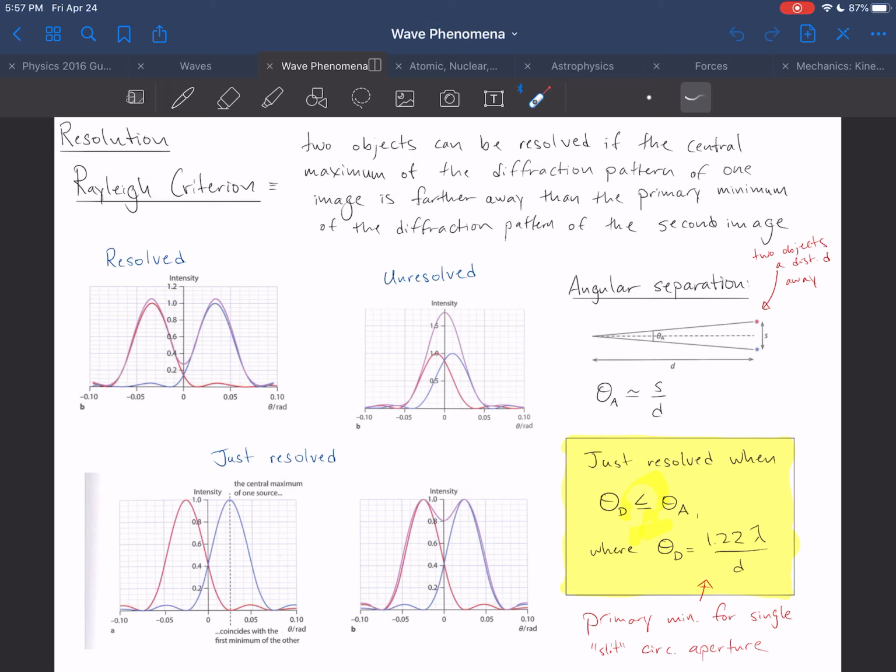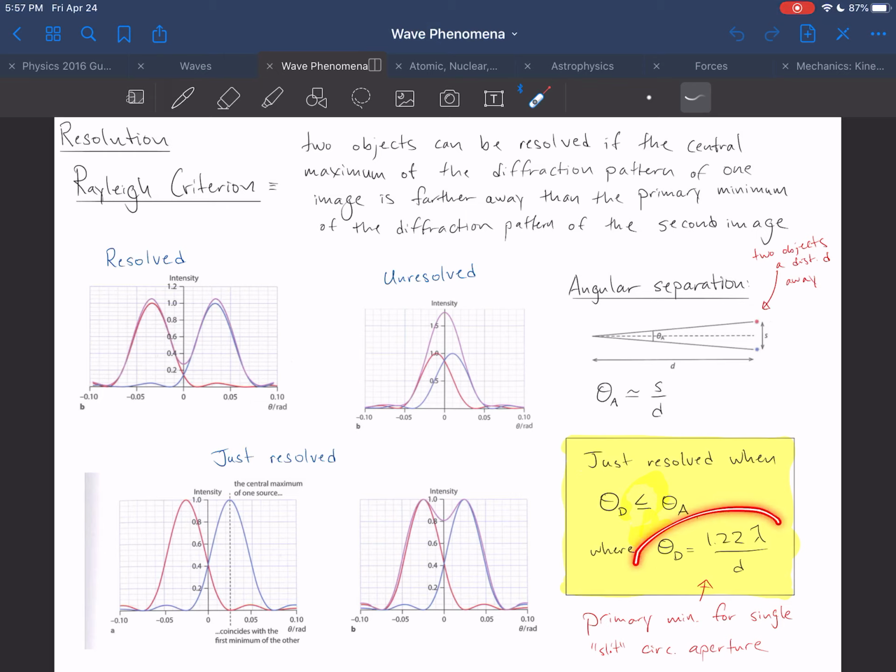As a result, we can just resolve them as long as theta d, defined to be 1.22 lambda over d, which is our equation for the angular distance to the primary minimum for a single slit circular aperture, is less than or equal to theta a.